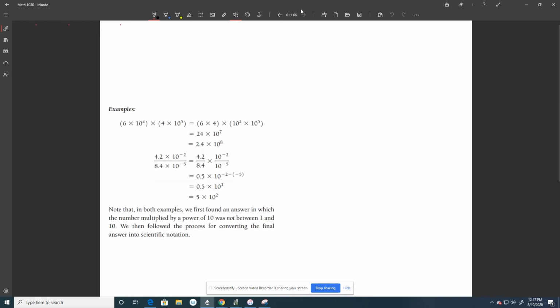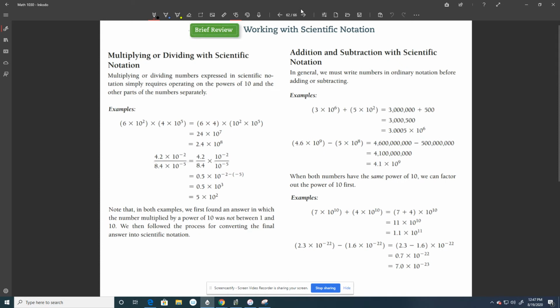All right. The other thing that we got to be careful of that you maybe have not done as much is, what if we're multiplying or dividing with scientific notation? And this is where turning numbers into scientific notation makes the math a lot easier, because right now this number is 6 times 10 to the second power, which is just 600. And it's being multiplied by 4 times 10 to the 5th power, which is 4 with 5 zeros, right?